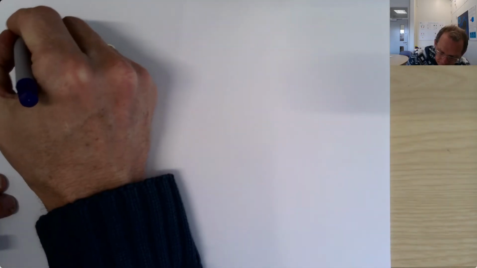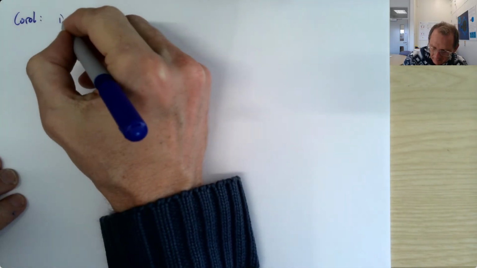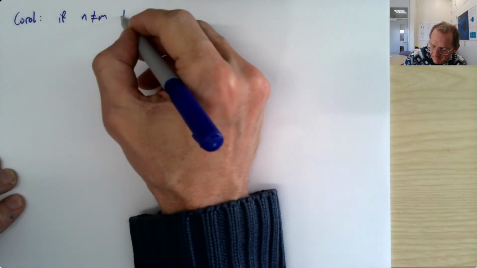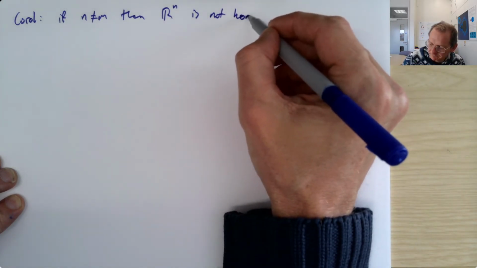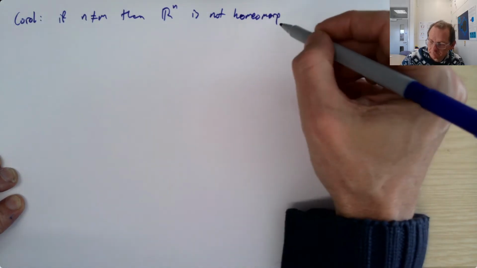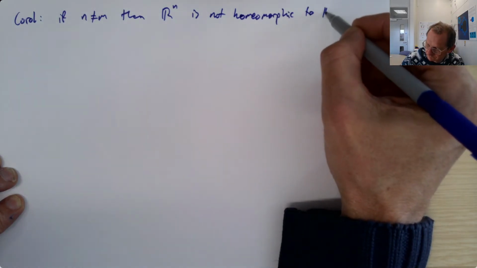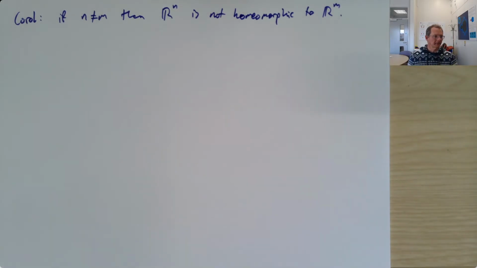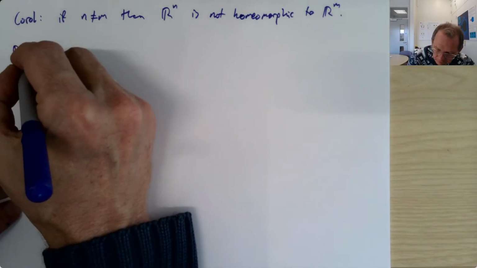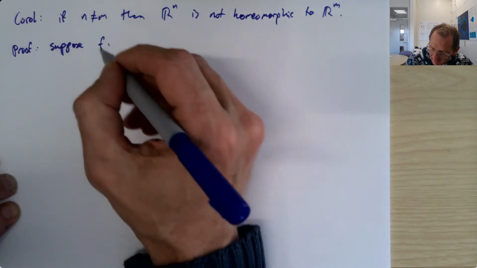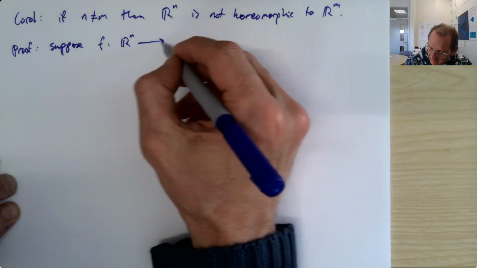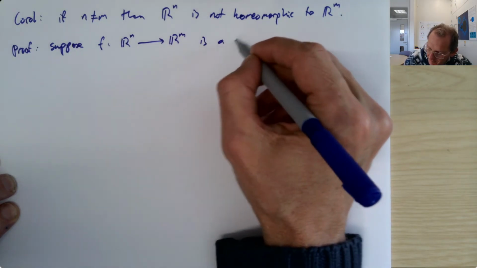And as a corollary of that, I want to claim that if n and m are different, then R^n is not homeomorphic to R^m. Let's suppose that f from R^n to R^m is a homeomorphism.